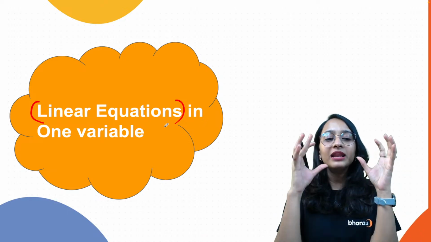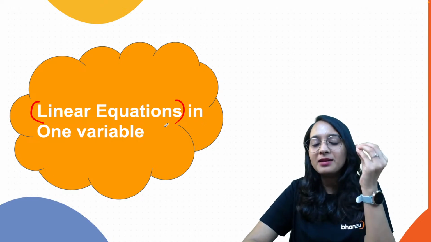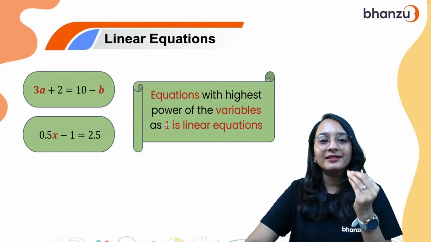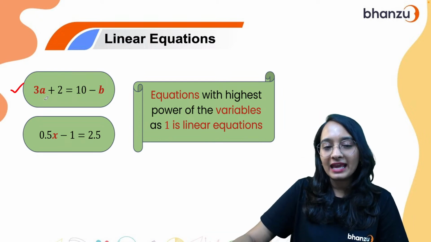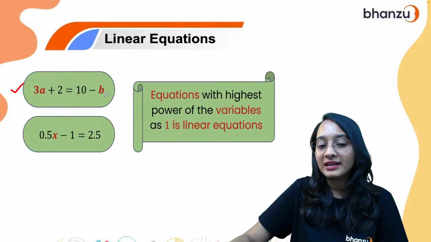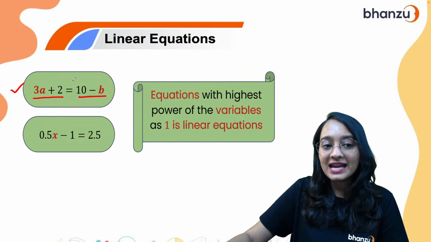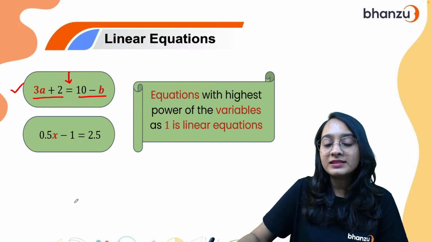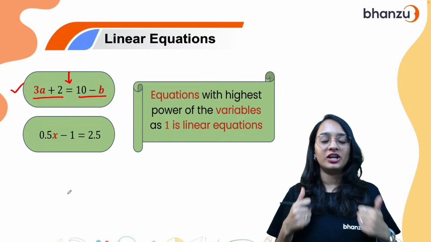So now let's break it down and concentrate on what do I mean by the word linear equations. Now carefully look at this. 3a plus 2 equals to 10 minus b. You can see a left hand side, you can see right hand side, and you can see an equal to symbol. So it is definitely an algebraic equation.